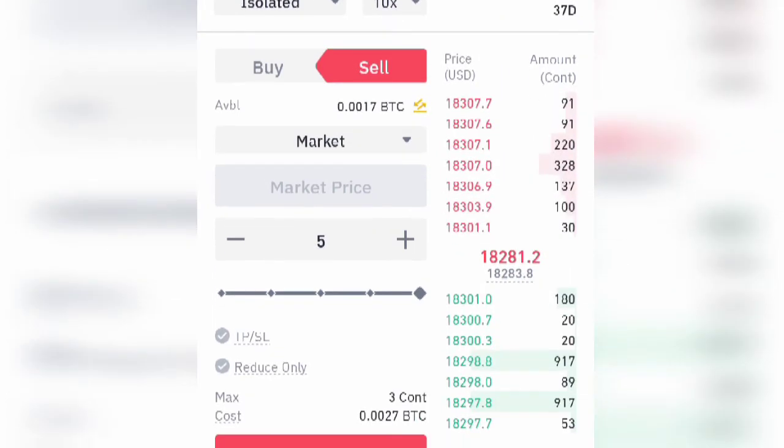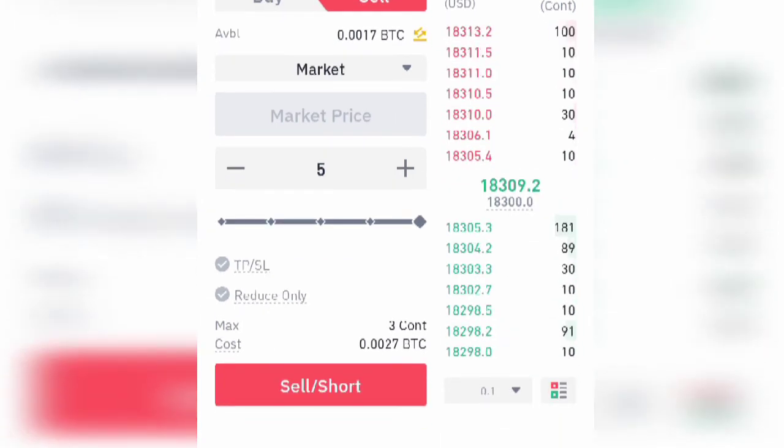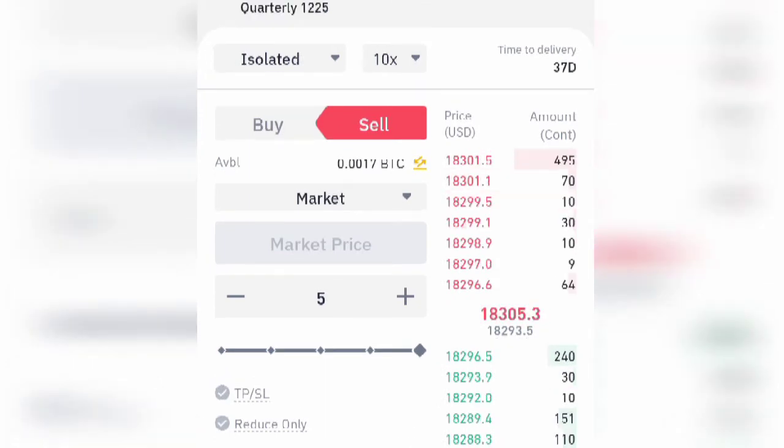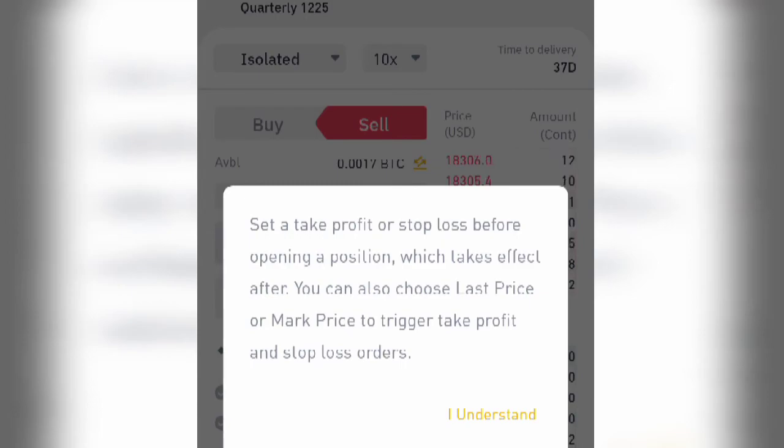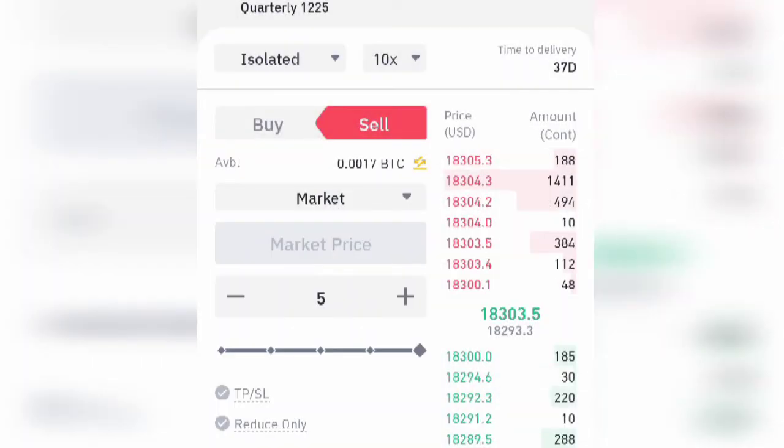So let's just say I'm selling short now. I've selected my number of contracts, and then I try to set my take profit.